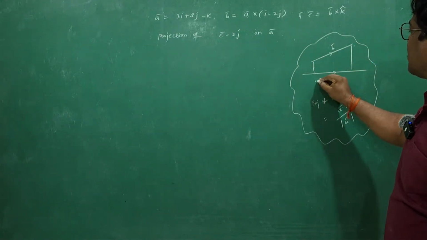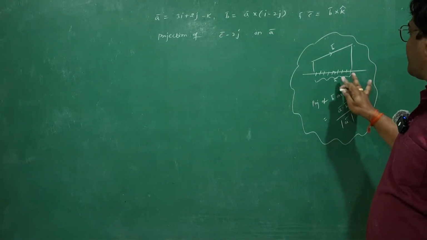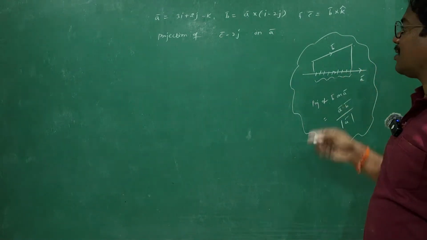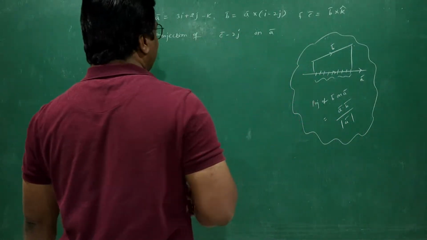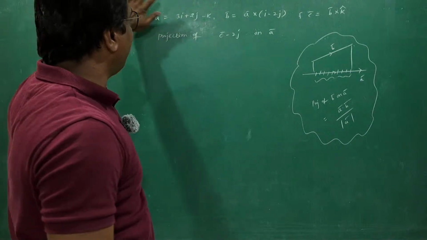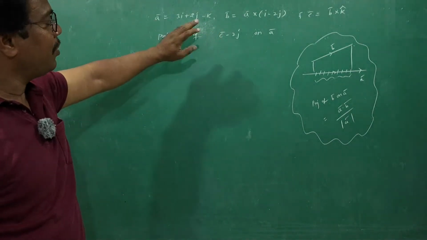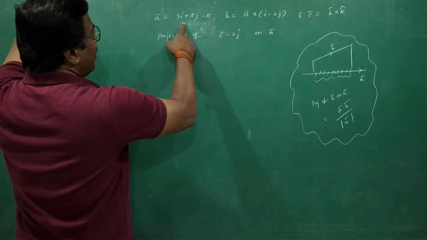This is the projection, only this part. Actually this is the vector A bar. So first you need to find B bar and then C bar. After getting C minus 2j, then we go for projection. A bar you have here.